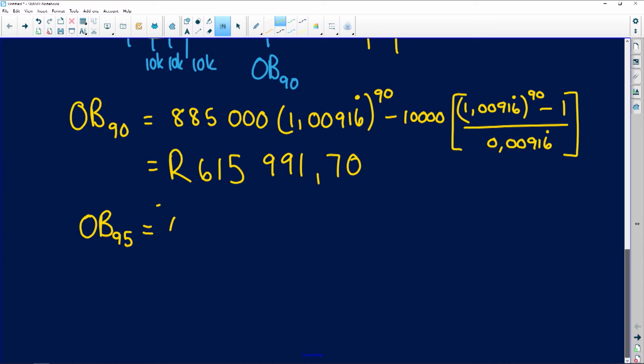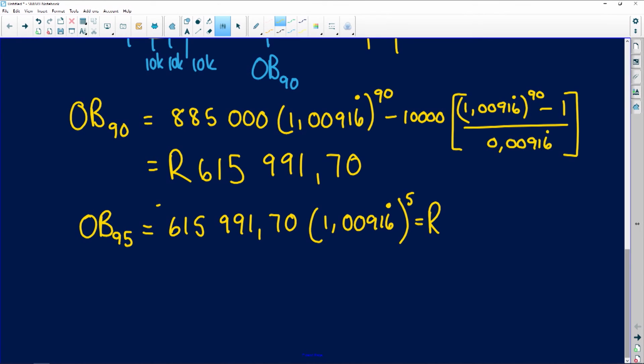So this will be 615,991.70 going forward, just normal compound interest. Remember to fill your screen with 6s. You raise it to the power of 5 and you get your new outstanding balance on this loan.